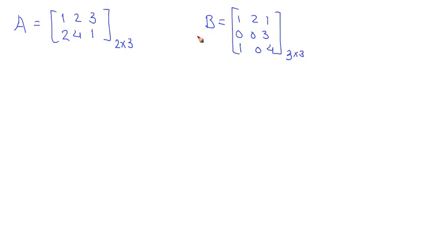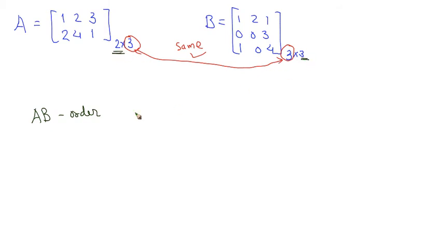And you can observe that the number of columns of A and the number of rows of B are the same. So we can multiply AB. What will be the order of the resultant matrix AB? It will be 2 cross the remaining, so 2 cross 3.